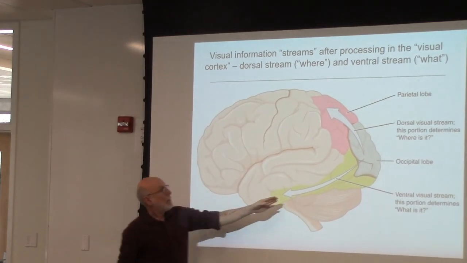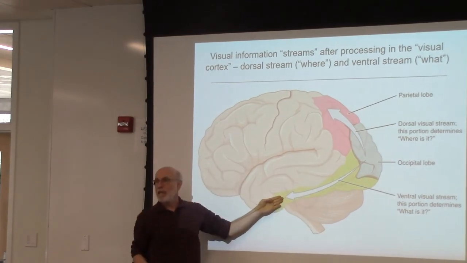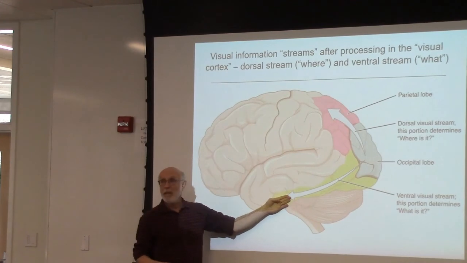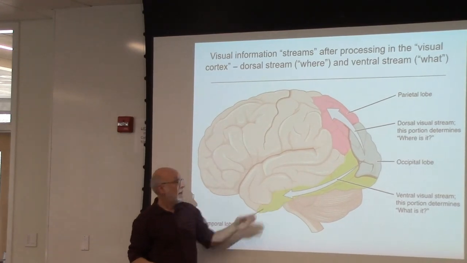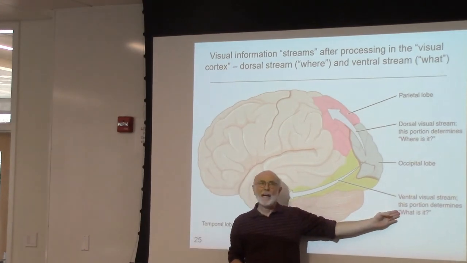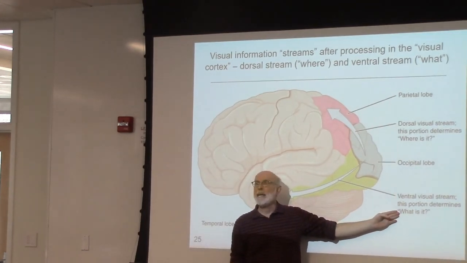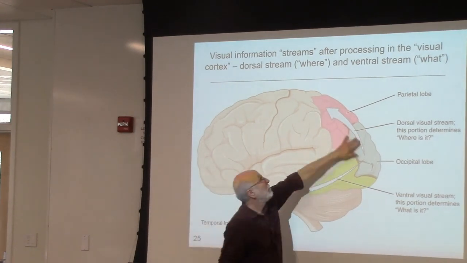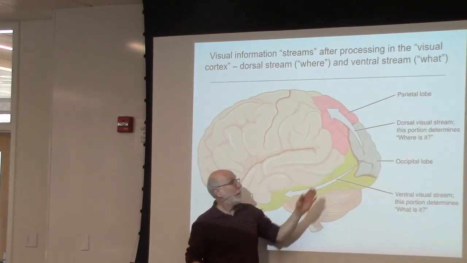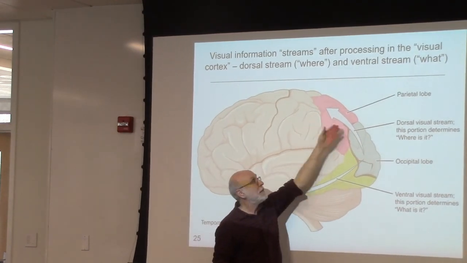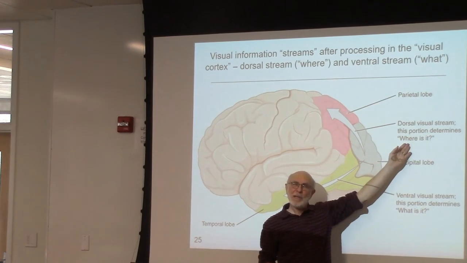So there is the ventral information flow from our visual cortex into our temporal lobe that provides information about what is that thing I'm looking at. Gives it a name. And the dorsal stream from the occipital lobe into the parietal lobe provides information about where is it and is it moving?